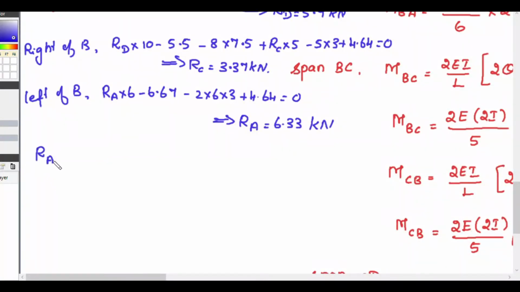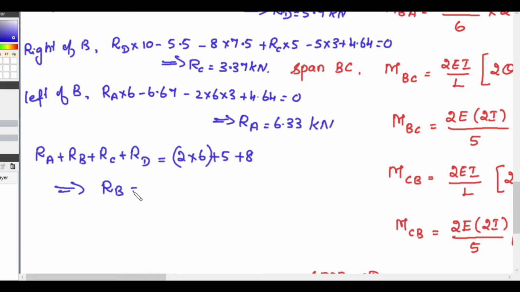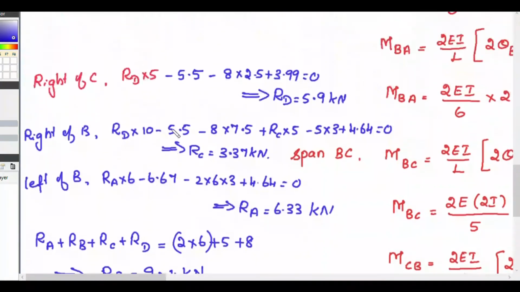So RA plus RB plus RC plus RD is equal to 2 into 6 plus 5 plus 8. So we get RB is equal to 9.4 kilonewton.